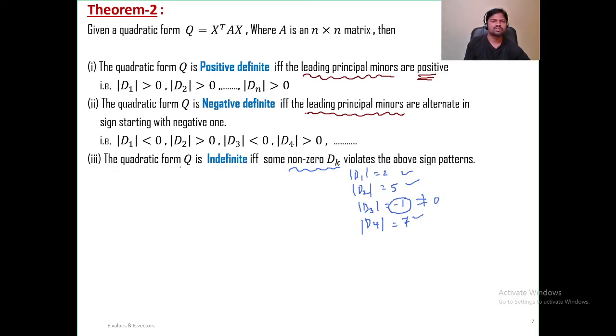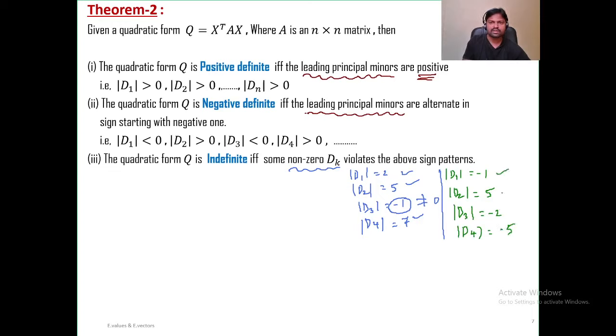Look once again: the quadratic form Q is indefinite if and only if some non-zero Dk violates the above sign pattern, either this or this. For example, this sign pattern is being followed perfectly. Now look at the second example. You're getting D1 is minus 1, D2 is plus 5, D3 is minus 2, and D4 you're getting minus 5.